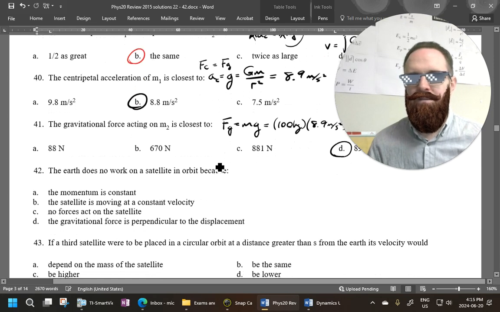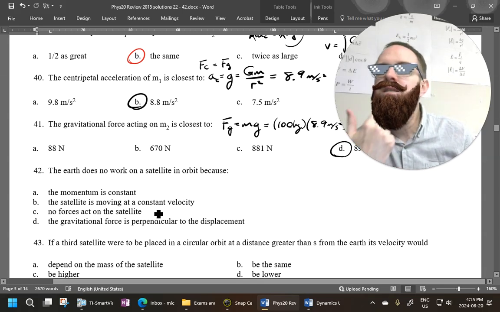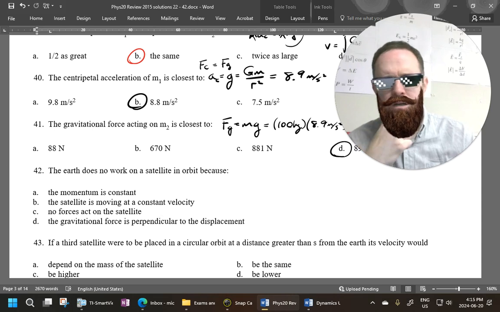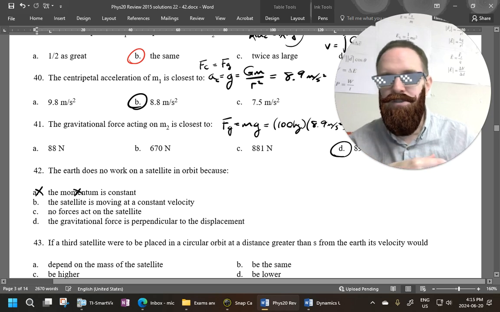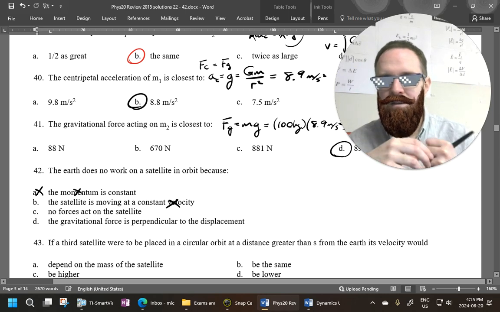Yeah. Earth does no work on the satellite because, why? Momentum is constant? No, not constant because, well, we don't talk about momentum in this course, but momentum is a vector. It's always changing. It's not moving at constant velocity. It's constant speed. There's no force on the satellite?